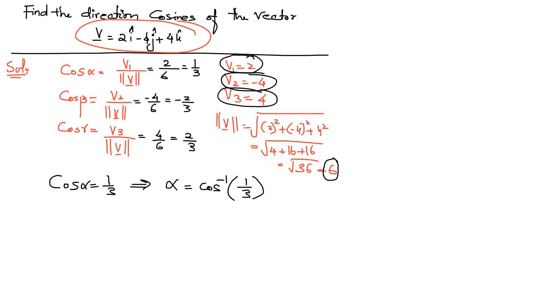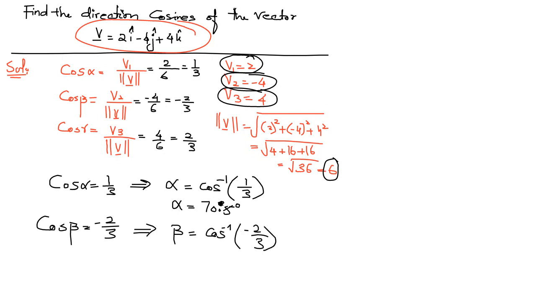You can calculate that cosine alpha is 1 divided by 3, so alpha is equal to 70.5 degrees. Similarly, you can find cosine of beta, which is equal to minus 2 over 3. So beta is equal to cosine inverse of minus 2 over 3.